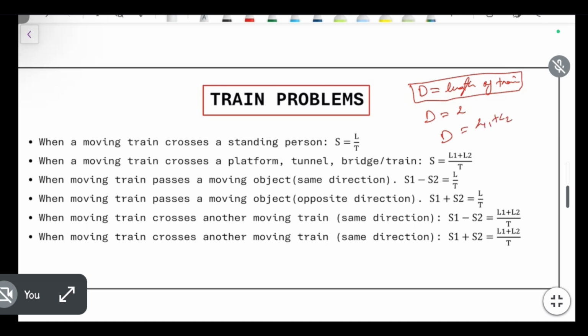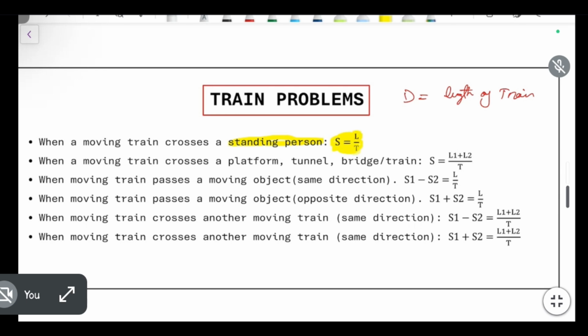So let me explain that with the formulas that we have here. Let me just write properly here. This distance is equal to the length of the train. When a moving train crosses a standing person, a tree, an electric pole or anything, in that case the formula will be just the speed-time-distance formula, which is speed equals the length of the train divided by time.